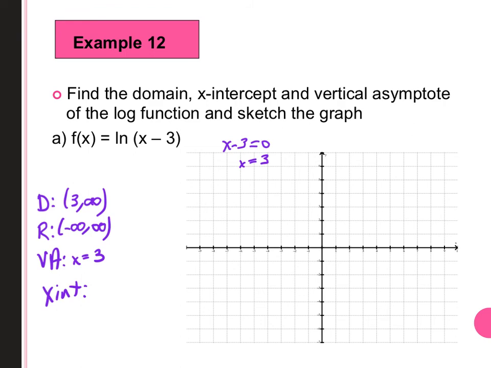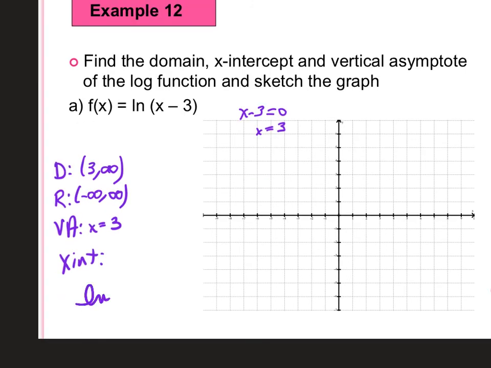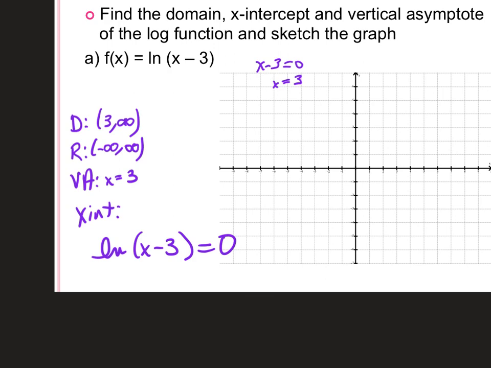Everybody okay? Okay. All right, now the x-intercept, we're going to do the exact same way that we just did the x-intercept when we started off with log, because natural logs and logs have the exact same properties. So I'm going to plug in 0 for my y. So I'm going to rewrite this as the natural log of x minus 3 equals 0. Now, exponentials and logs are inverses of each other. What did I tell you e and ln are? Inverses of each other.